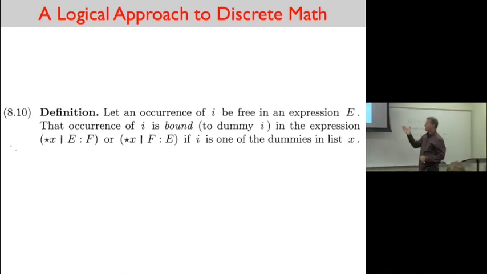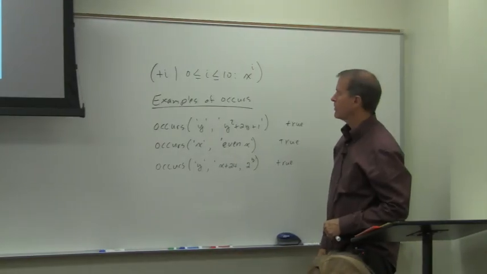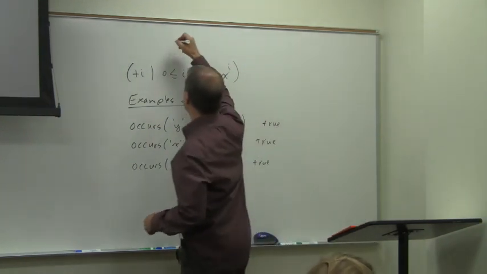So now 8.10 is the definition of bound. Let an occurrence of I be free in an expression E. That occurrence of I is bound to dummy I in the expression dummy X, range E, body F, or dummy X, range F, body E, if I is one of the dummies in list X. Okay, so now let me ask you a question.